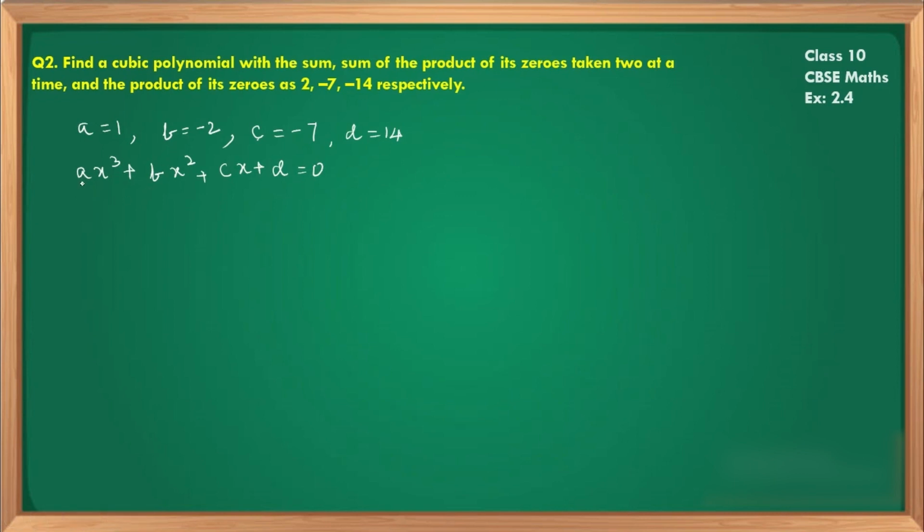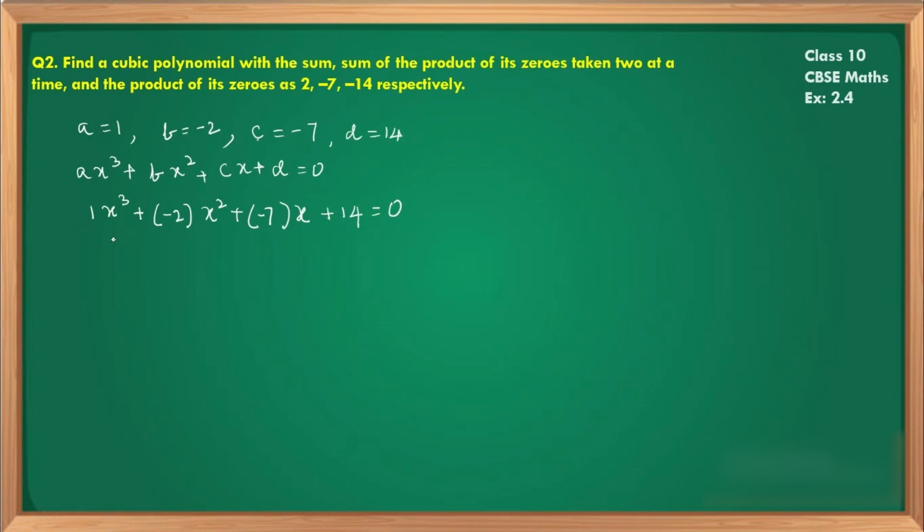Now wherever we have a, we put 1. We have 1x cube plus b is minus 2, so put minus 2 in a bracket and then write down x square. Put this plus here. C value is again minus 7, so put minus 7 within a bracket, then put x, then plus d is 14 is equal to 0.